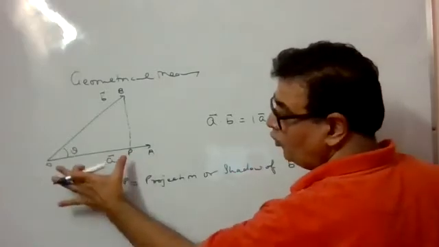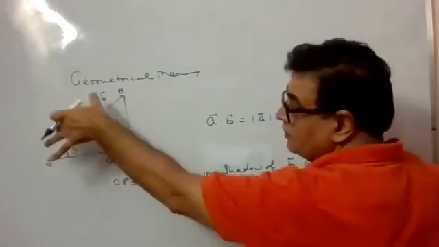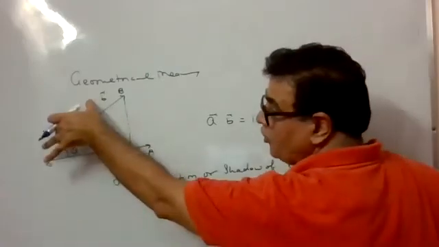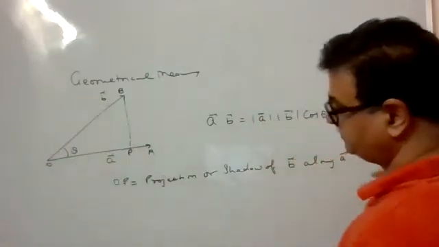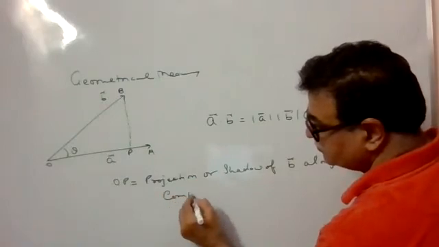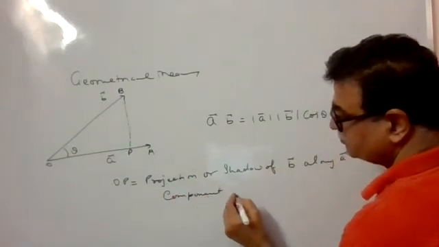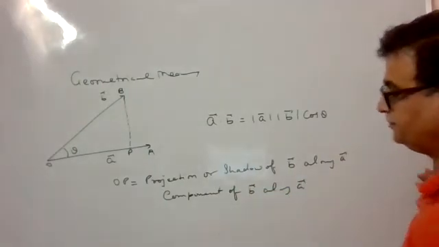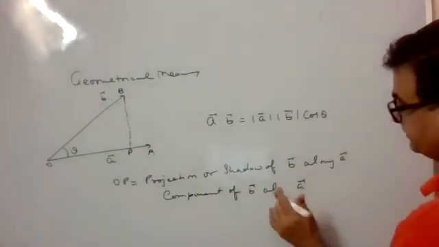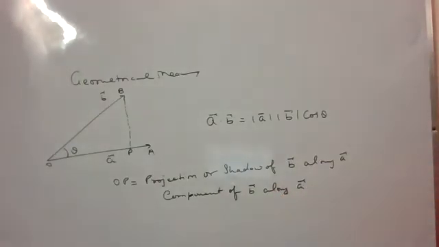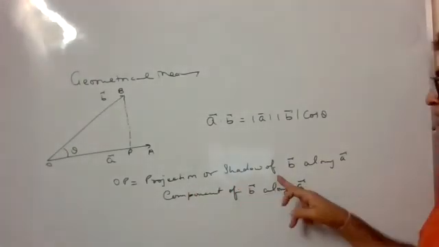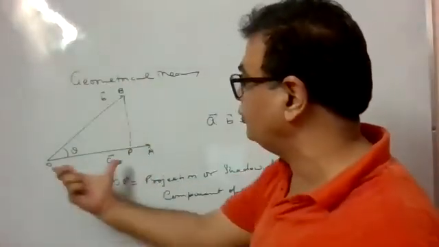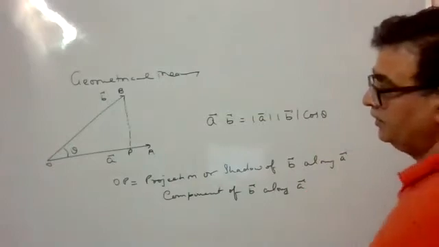So OP is the projection of B along A, also called the component of B along A. That you should keep in mind. So OP is the projection or shadow of B along A. If you look at the shadow of B along A, then this gives you the OP shadow.